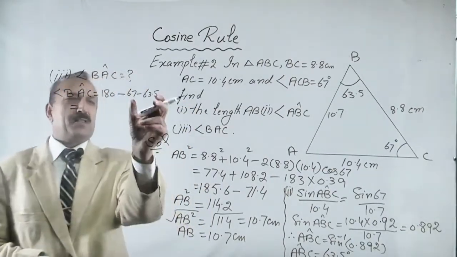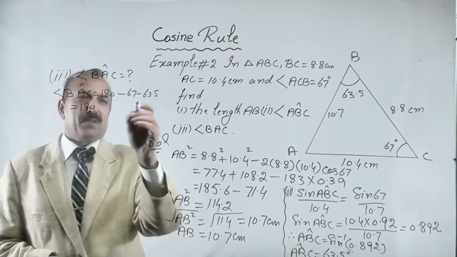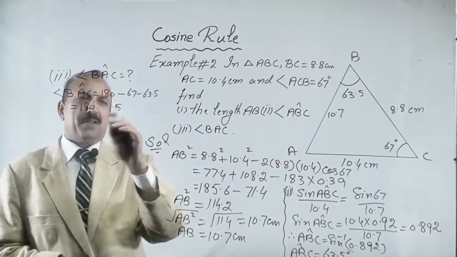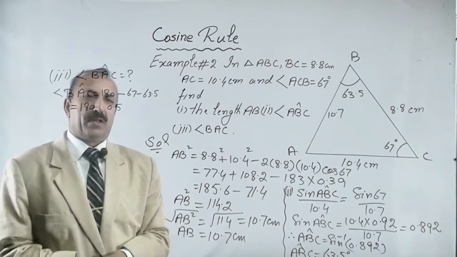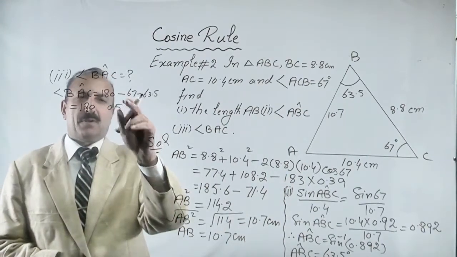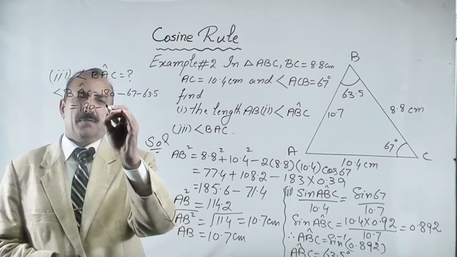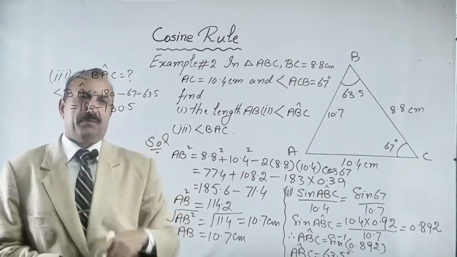Let's first add up these two angles to subtract from 180. This is 5 as it is before the decimal. Decimal here, 3 plus 7 is 10, 0 carry 1, 6 plus 6, 12, 13. This is 130.5.